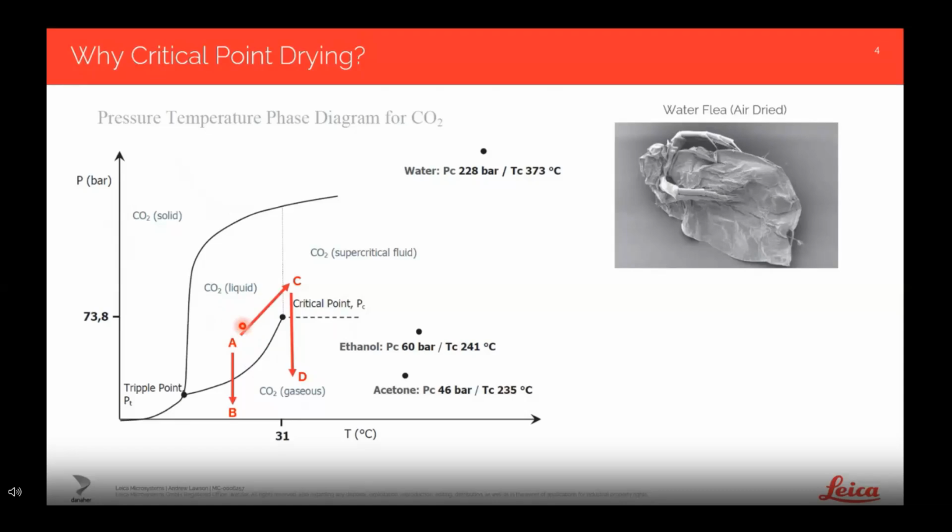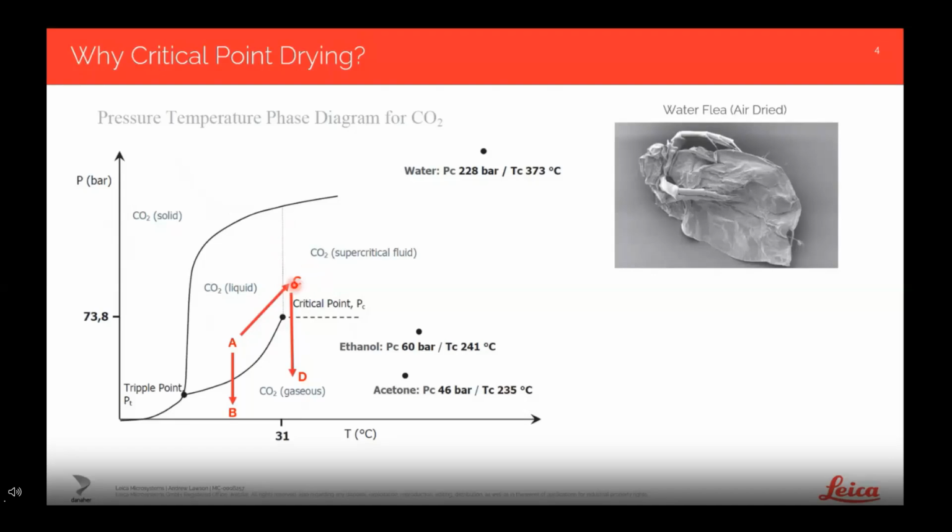So what we do in a critical point drying process is we have our medium in a liquid phase. We simultaneously increase the pressure and temperature of our medium in a vacuum chamber, and that gets us into this supercritical range, which is a kind of metastable state. We don't cross a solid phase, a true phase transformation line. We go into this supercritical range through a kind of pseudo phase transformation, you might think of it as.